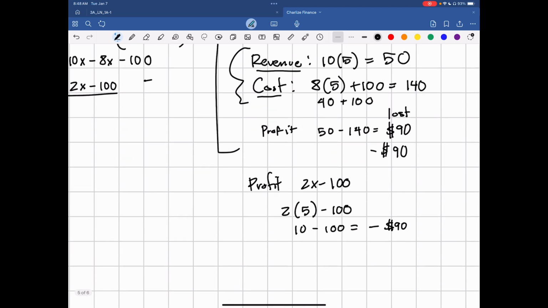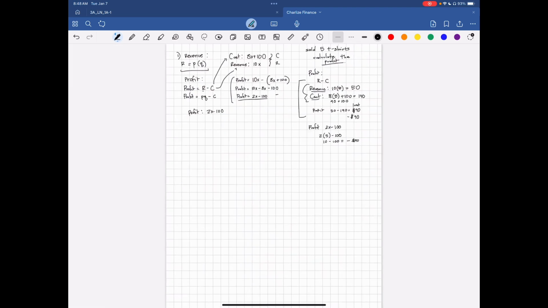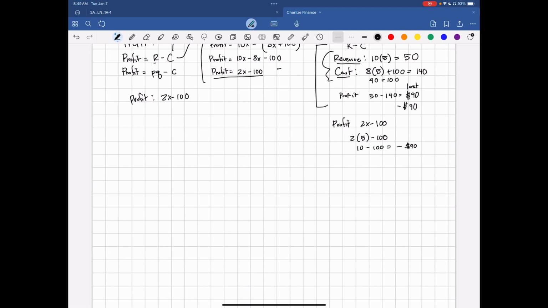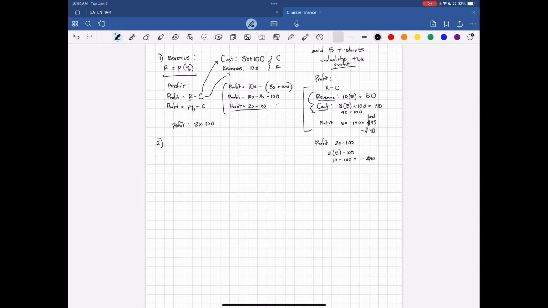But the break-even point is asking, at what point do they neither gain money nor lose money? It's where their profit is 0. It's not negative, it's not positive, it's just 0. So that's what we're calculating.